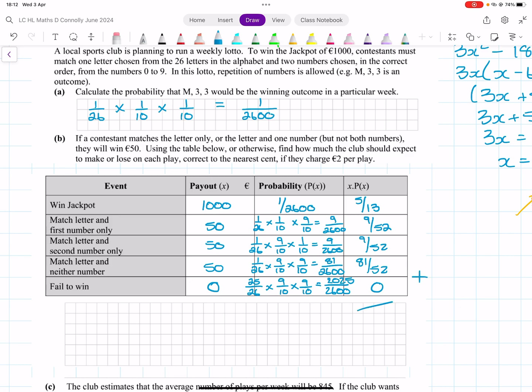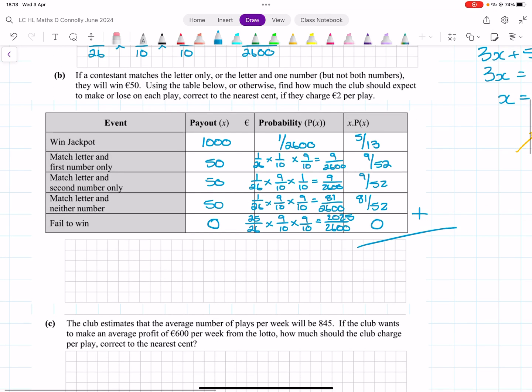And then we're going to add all these up. So 5 over 13 plus 9 over 52 plus 9 over 52 plus 81 over 52. So that is 2.29.